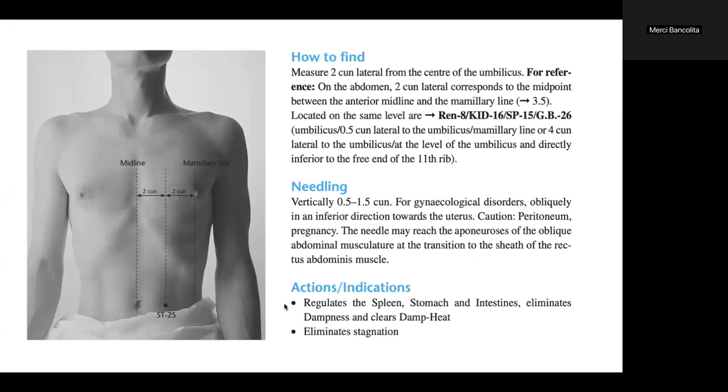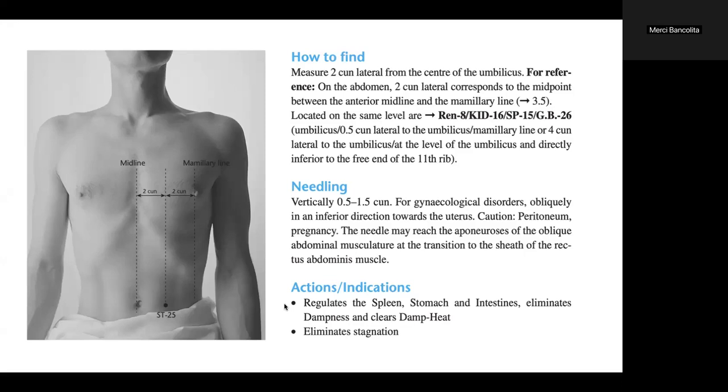How to find Stomach 25. Measure 2 cun lateral from the center of the umbilicus. For reference, on the abdomen, 2 cun lateral corresponds to the midpoint between the anterior midline and the mammillary line.